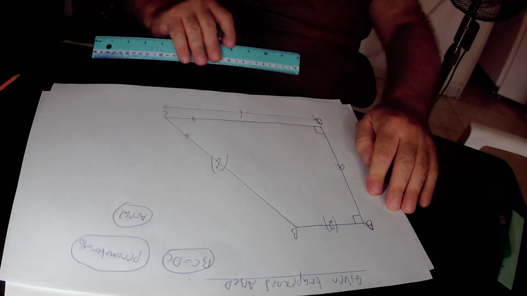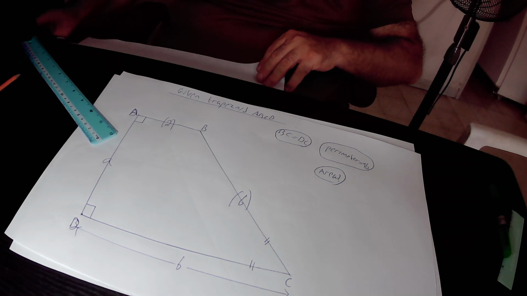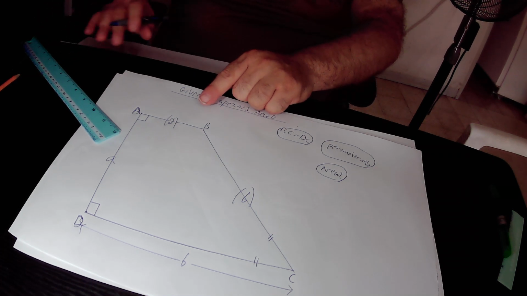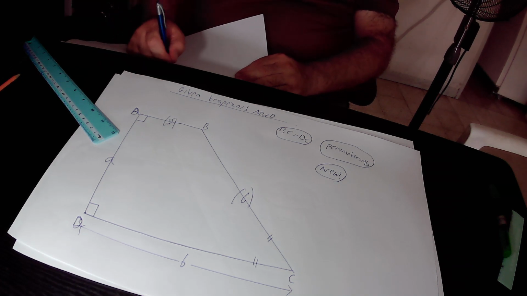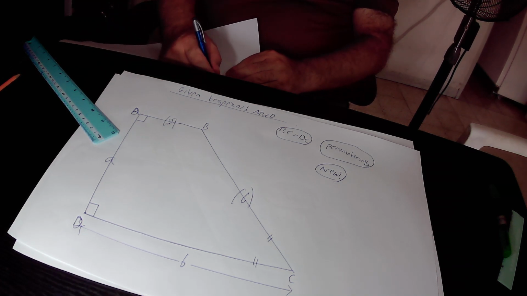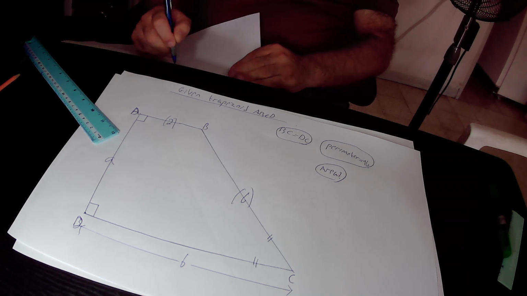So the perimeter of this trapezoid ABCD is 16. That is to say, AB plus AD plus DC plus BC equals 16 units according to what is given in the question.